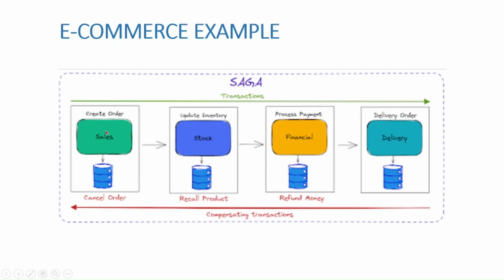If they get the success event, they process the success method, and if they get a failure event, then they execute the rollback method. So this rollback process or task is known as the compensation transaction. So this way they handle errors.